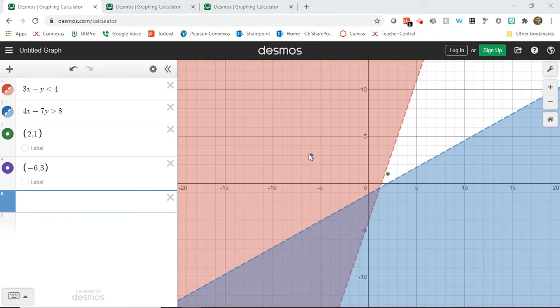I've plotted those two points here. Here's (-6, 3). It satisfied this inequality, but it didn't satisfy the one in blue. And the other point, you can see it's outside of all of the shaded areas, so it didn't work with either of those inequalities. In order for it to be a solution, it had to be in that purple area where the two shadings come together. Hopefully that makes some sense.